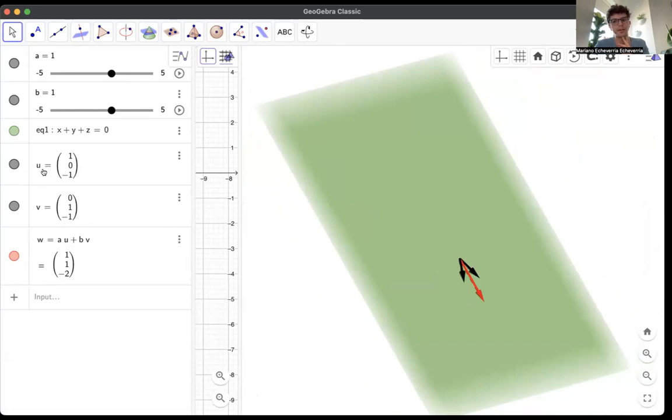I'm using what I'm calling V1 on the tablet notes, and this is what I'm calling V2. You're allowed to change the values of the coefficients in front of the vectors, so that's what I'm doing here. If you notice, I'm changing the value for a, I don't know if you can see it in the animation. And the same you can do for b.